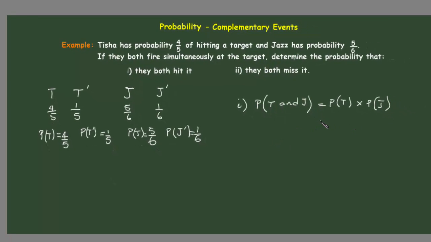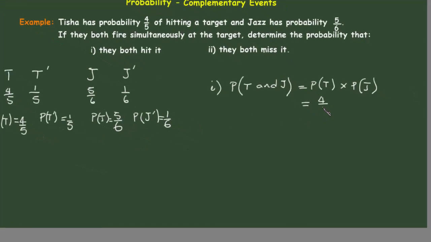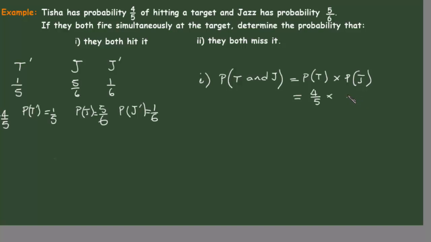That's 4/5 for Tisha times 5/6 for Jazz, which equals 20/30. We cancel the 0 out, so our final result is 2/3. That's the probability of both girls hitting the target.